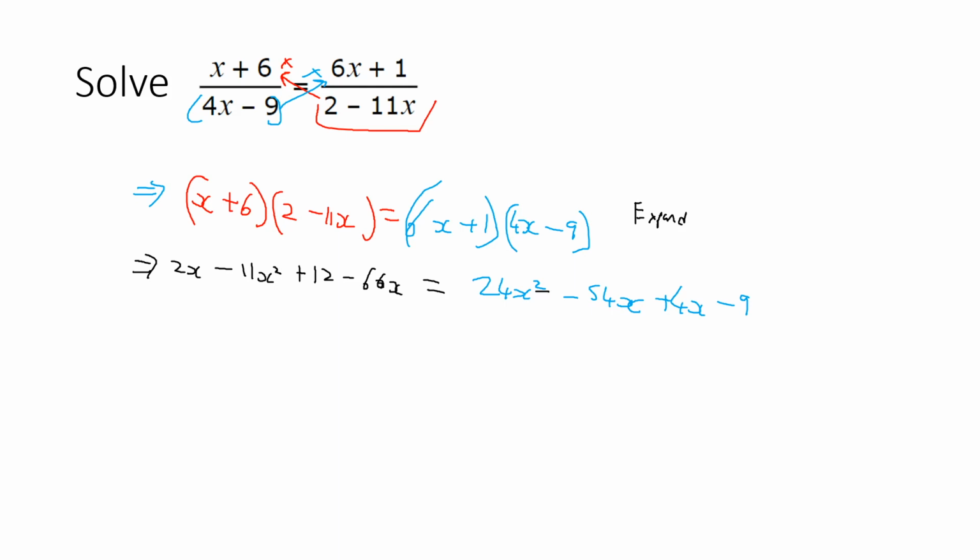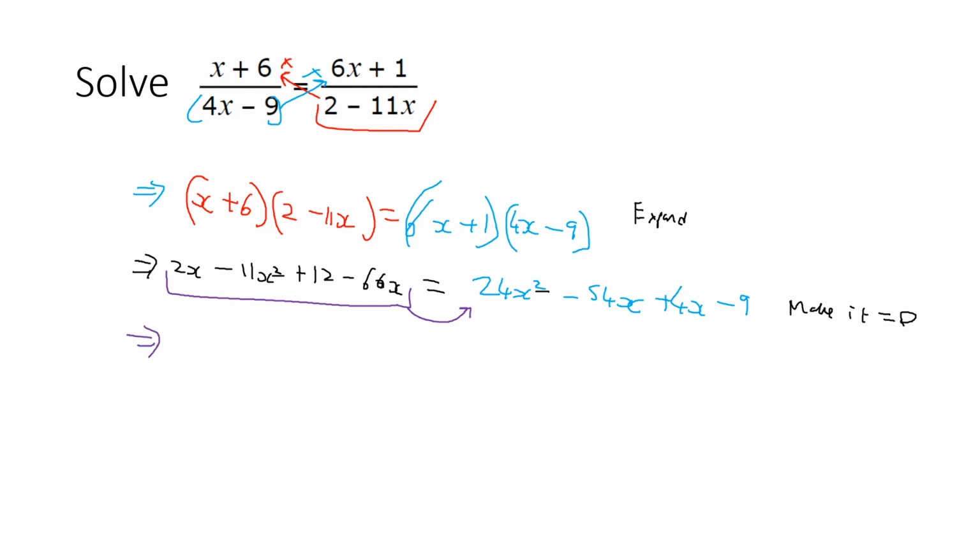Exactly, it has a squared in it. So now what we need to do is make it equal 0. To do that, I'm going to move this side to the other side.